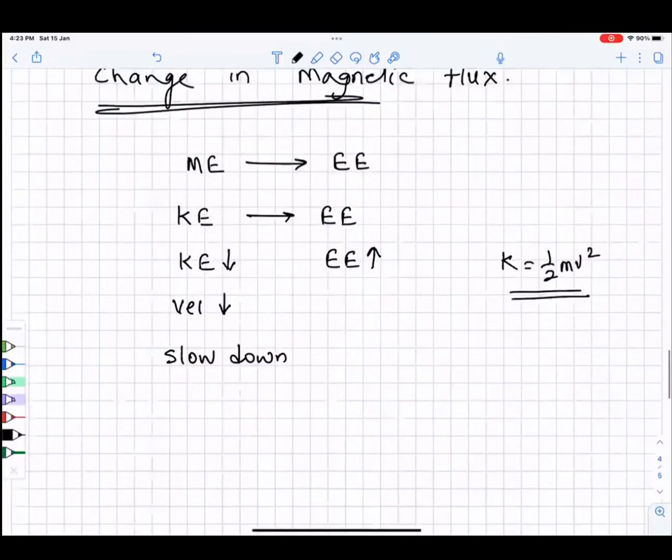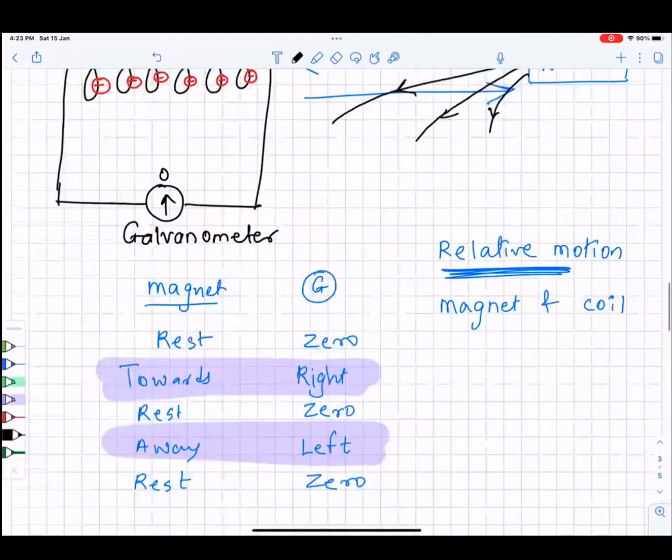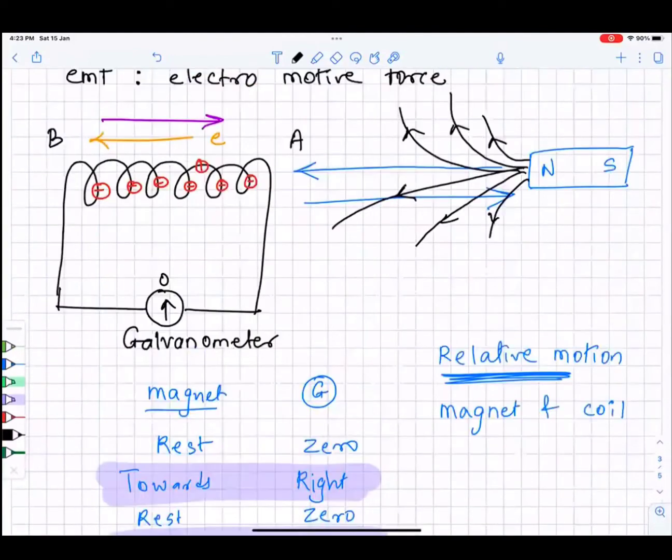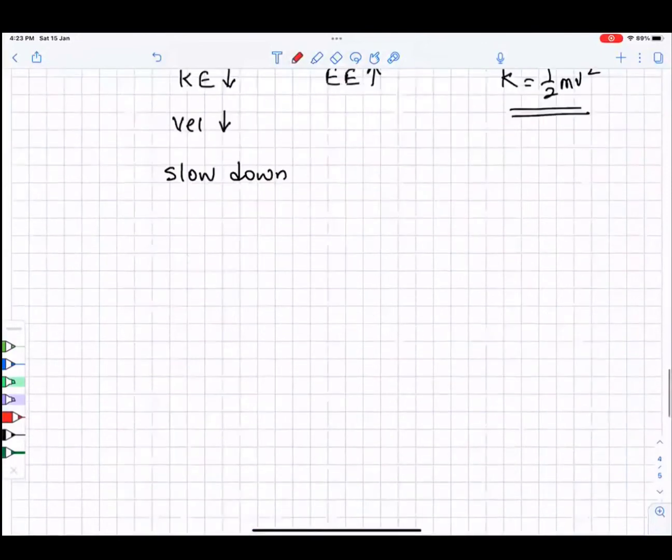Now tell me, over here, when I'm bringing the north pole of a magnet closer to this coil, which pole will it induce at the end? South pole. Guys, what do you want the magnet to do?